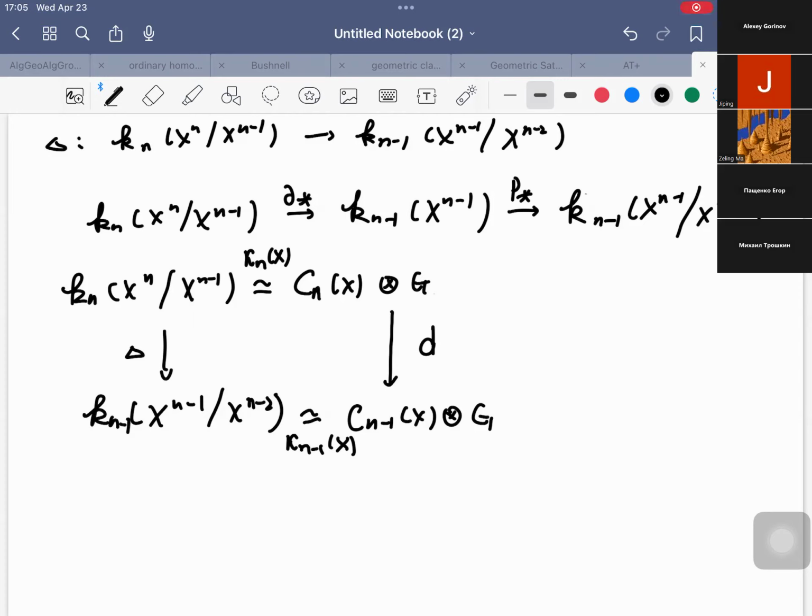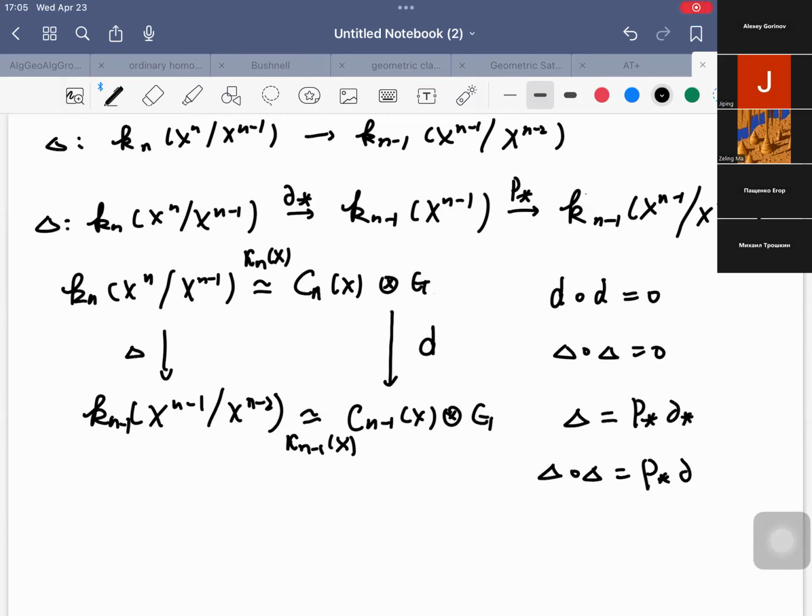There is an easy observation. You can see D composed D equal to 0, because this one is equal to 0. Why is this one equal to 0? Because by definition it equals p star, then partial star. We can recall the long exact sequence.